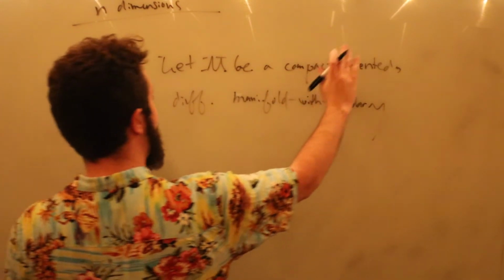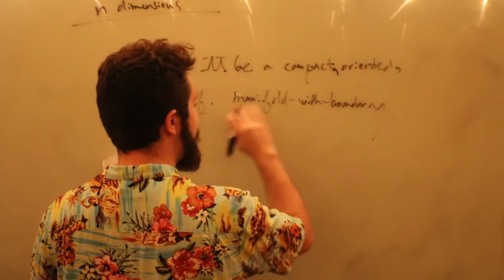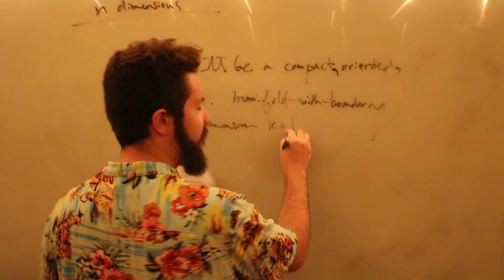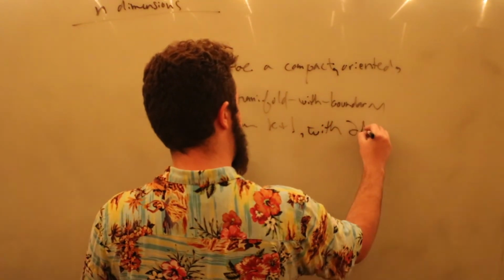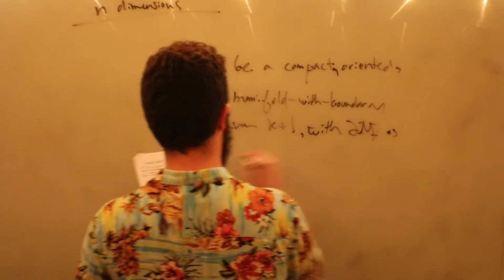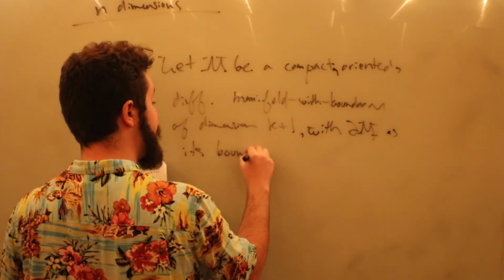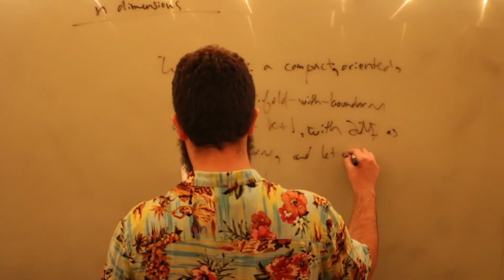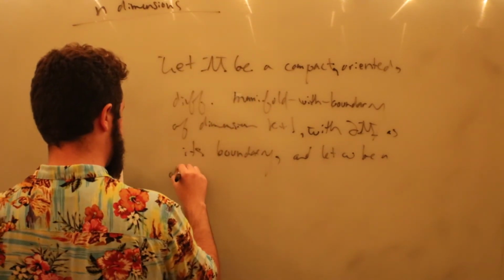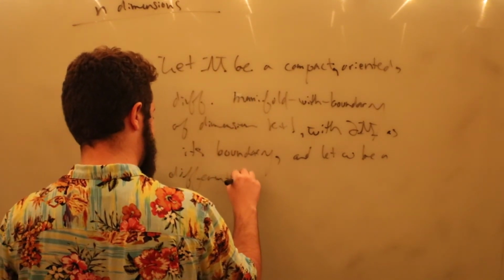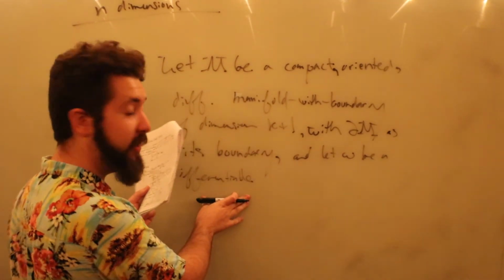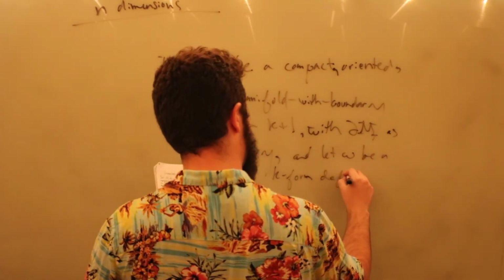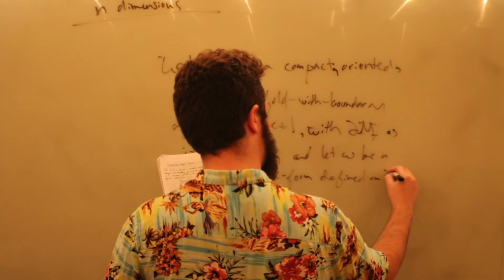So, if M is a compact, oriented, differentiable manifold with boundary of dimension k plus 1, with boundary ∂M as its boundary, which could just be 0, it contains that as a special case, and let omega be a differentiable k-form, which is really a constraint on the variable function in front, defined on ∂M.